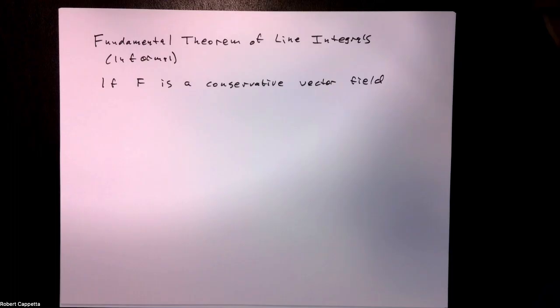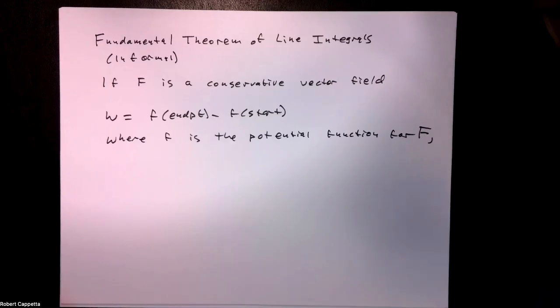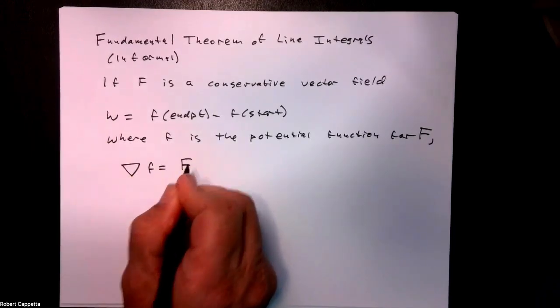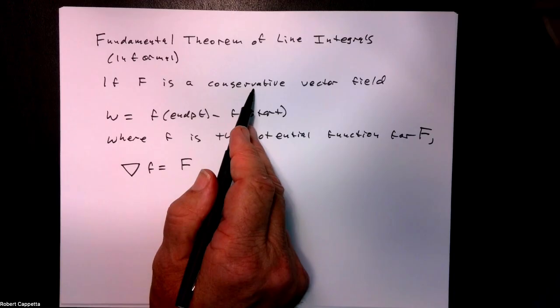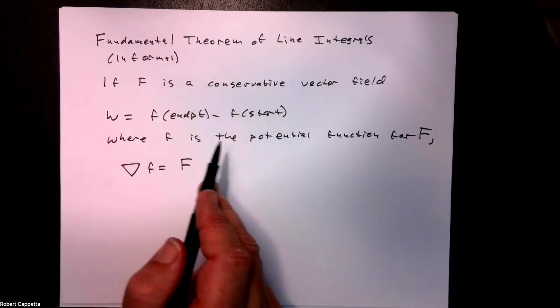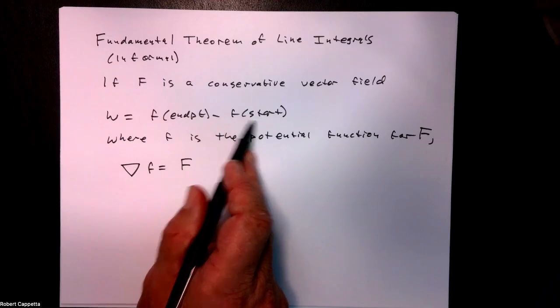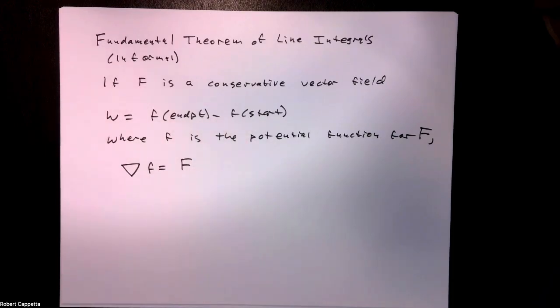So if F is a conservative vector field and if the curve that we're dealing with is nice, so it can't be too crazy, the kinds of things we've been working with, piecewise smooth, etc., then work is simply f of the endpoint minus f of the starting point, where little f is the potential function for big F, which means, of course, that little f has a gradient that equals big F. So for a conservative vector field, for a reasonable curve, the work will simply be the potential function evaluated at the endpoint minus the potential function evaluated at the starting point. Again, notice how that is similar in many ways to our fundamental theorem of calculus.